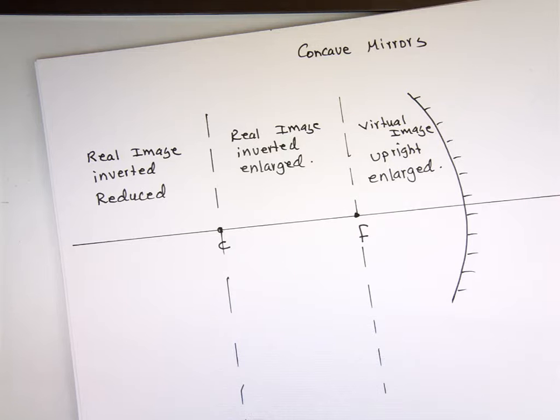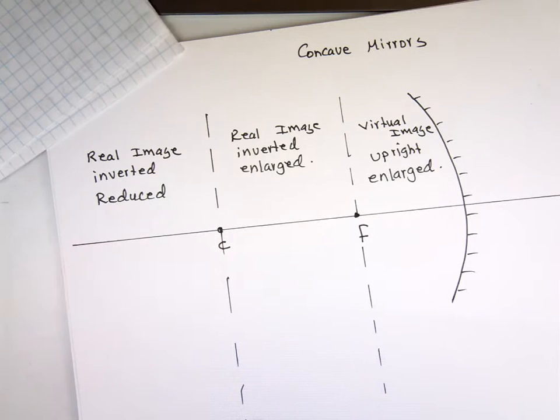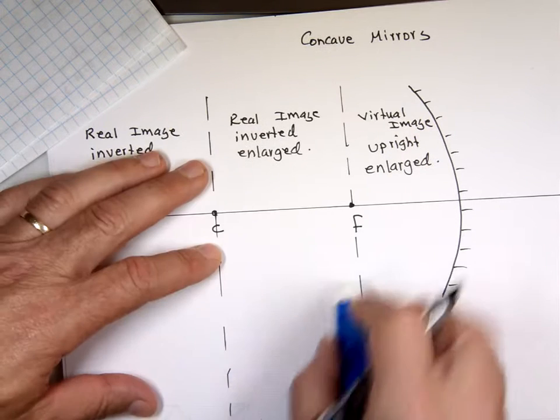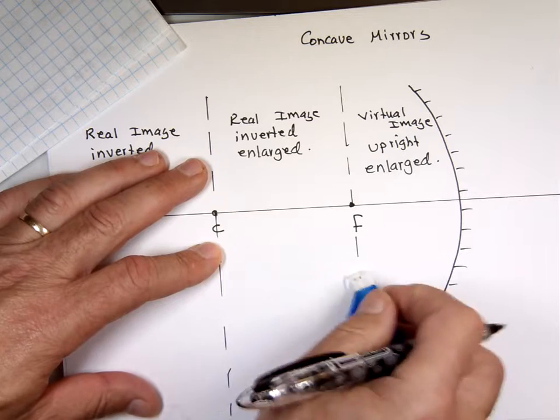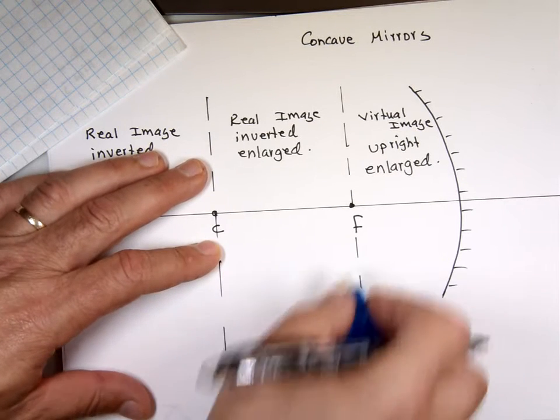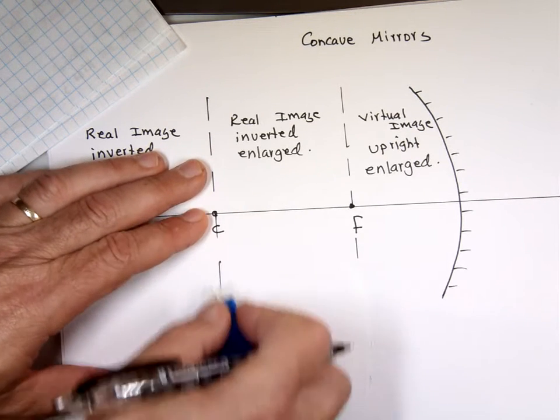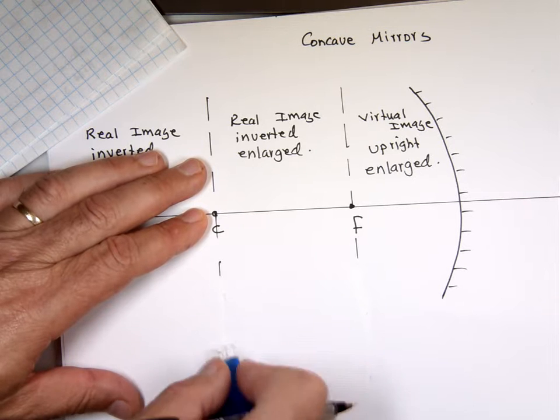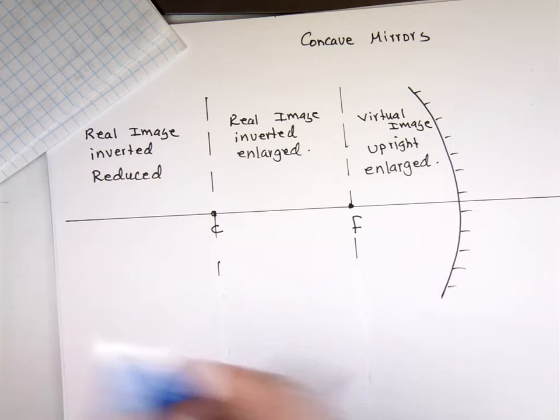And for convex, we only had 1 case. Maybe I can put them on this page. This is concave. Maybe I'll put convex right here. Just erase this. For convex, so I don't have to look at one page.